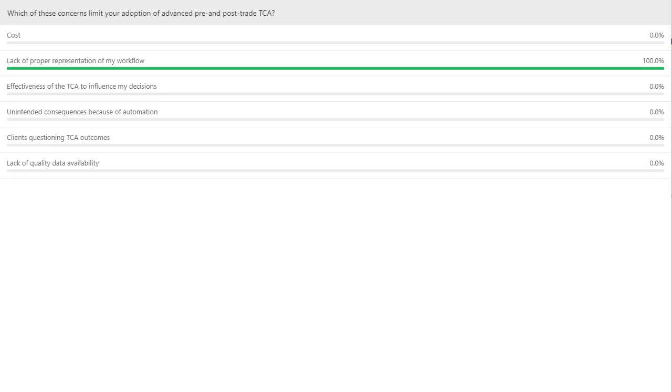Yeah, if I had the choice, I would probably have selected lack of quality data availability. I think it's very uneven depending on the use cases and the asset classes you're dealing with. A trading party that is only accessing third-party algorithms is going to have a different objective than someone who's using their own internal algorithm. There is also a big gap between asset classes.